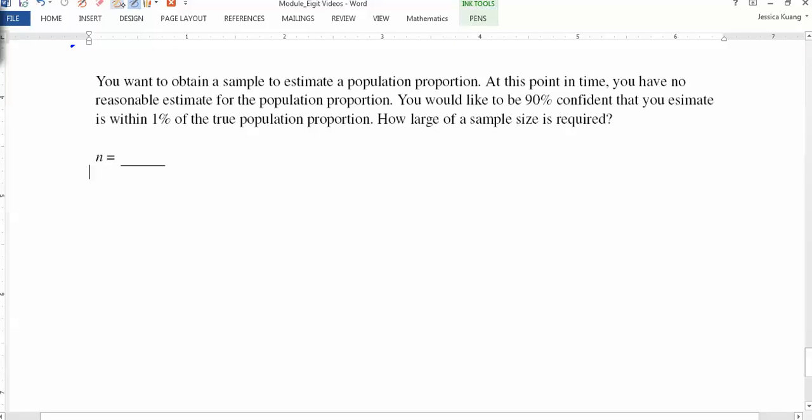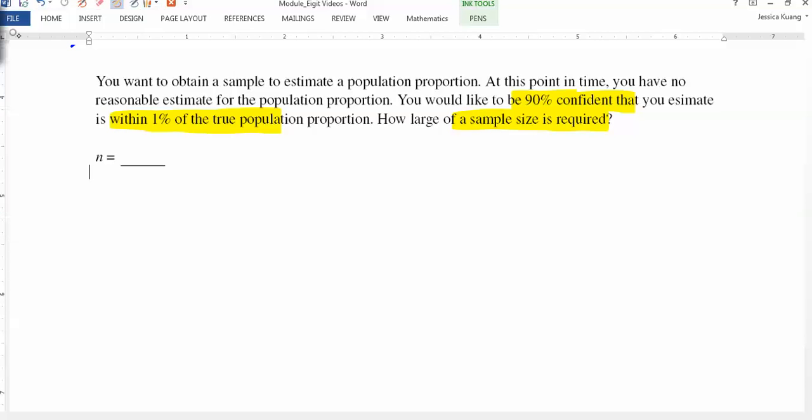In this example, we would like to construct a 90% confidence interval. We would like to know the sample size that is required to construct a 90% confidence interval such that the margin, the true population proportion, is within 1% of the point estimation.